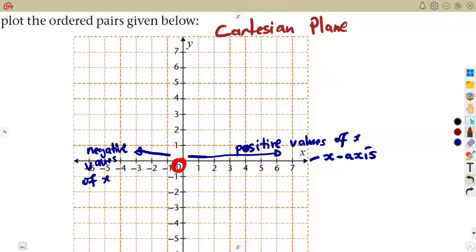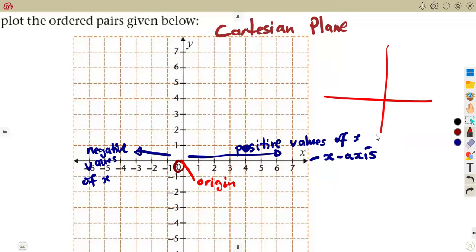which is referred to as the origin. This one has a special name, the origin. That's where the x-axis and the y-axis meet. They meet at the origin. X there is 0, as we can see for the x values.